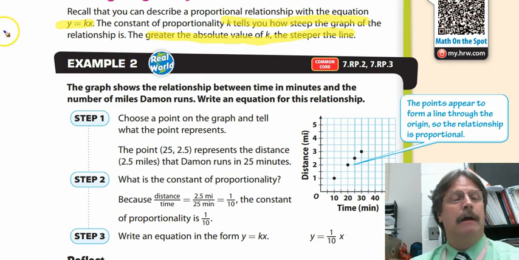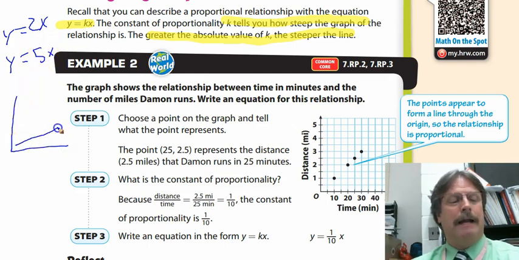So if we had y equals 2x, and we compared that to, say, y equals 5x, if we plotted it out, this would be the 2x here, and then if we did the 5x, it would be up here. So this is a steeper slope, okay? And we're going to get into that in the next unit, actually.